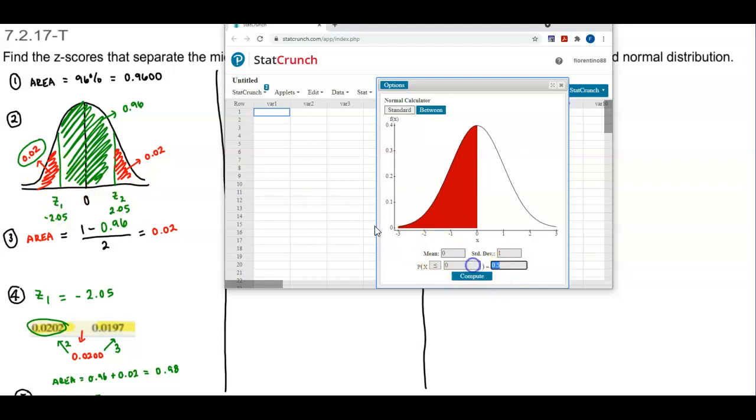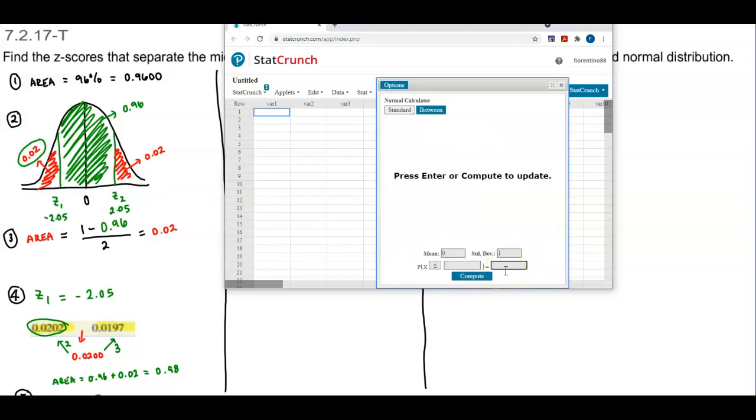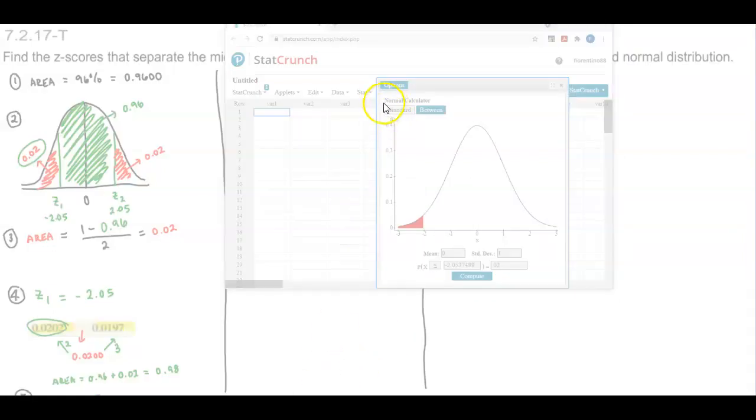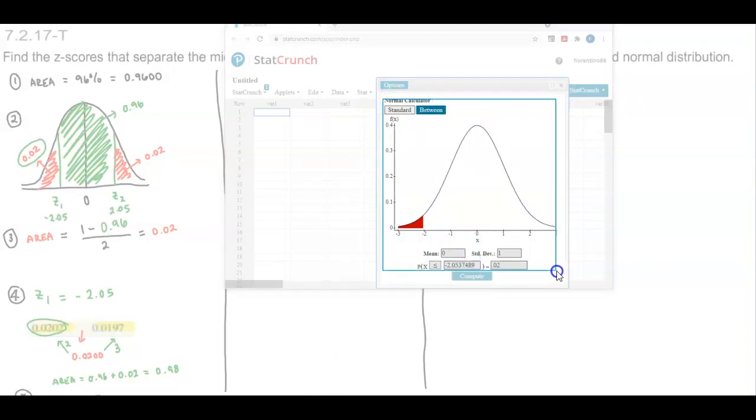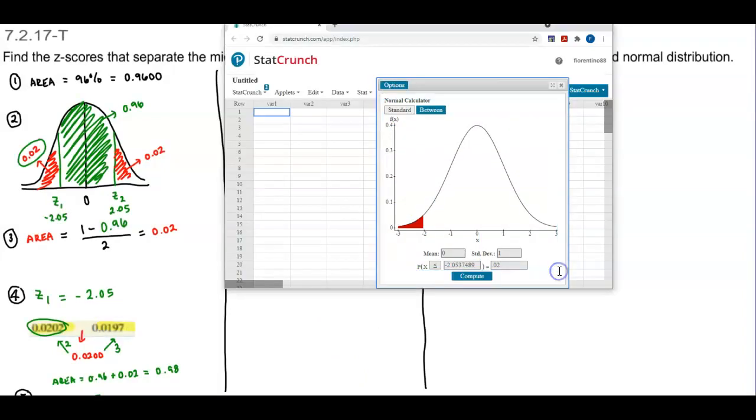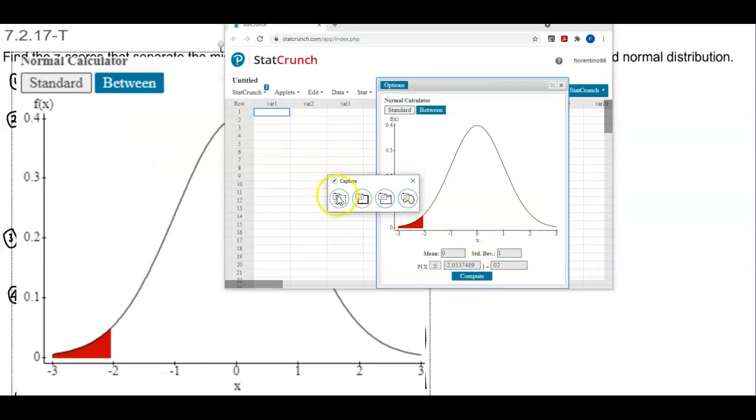So if we know that the area here is 0.02, over here we're going to put in 0.02 so we can find the z-score here. When we select Compute, you're going to see what the area is, I'm sorry, what the z-score is. So you can see that the z-score gives us negative 2.05.